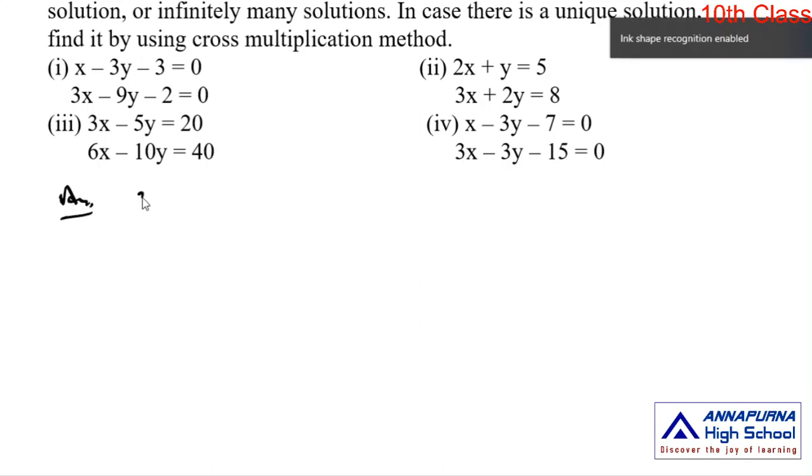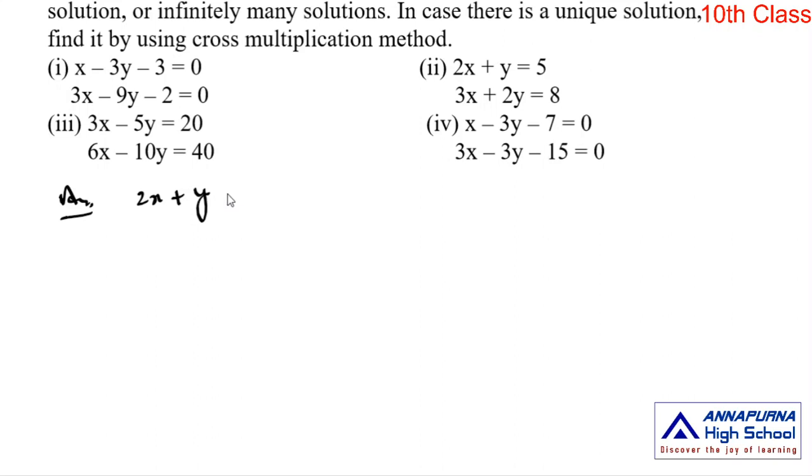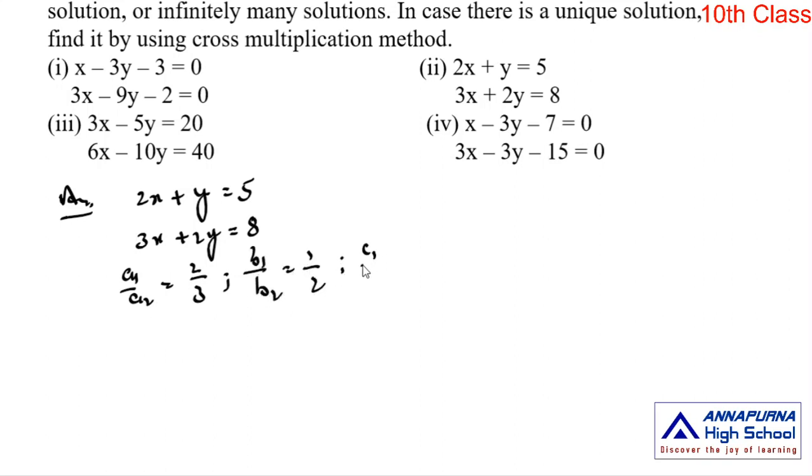The second pair is 2x plus y is equal to 5 and 3x plus 2y is equal to 8. Let a1 by a2 is equal to 2 by 3, b1 by b2 is equal to 1 by 2, c1 by c2 is equal to 5 by 8.